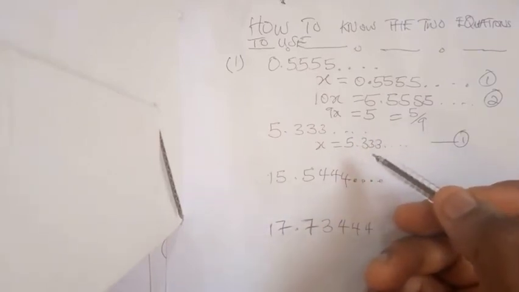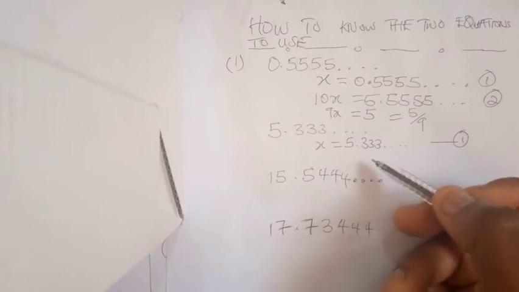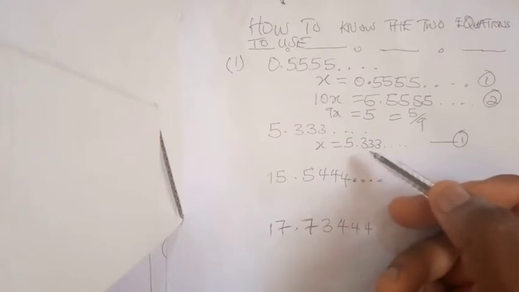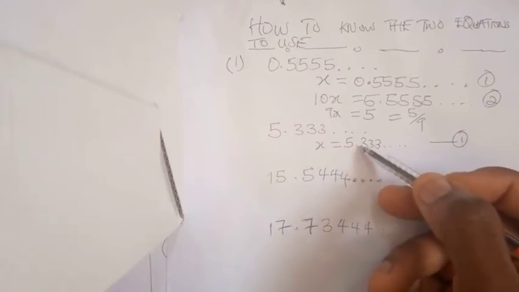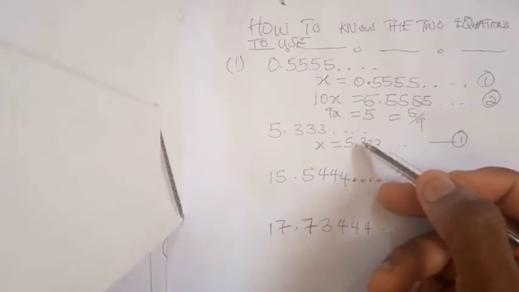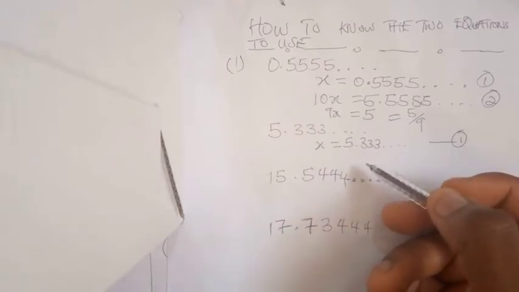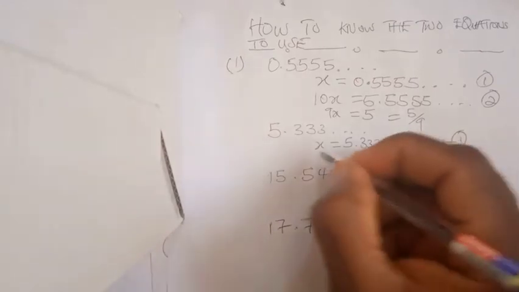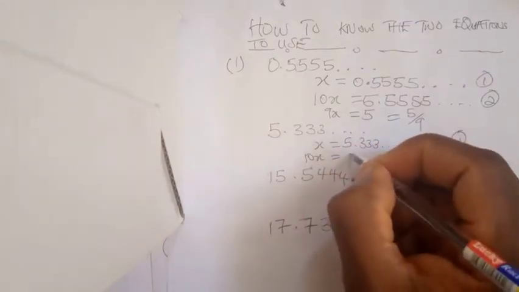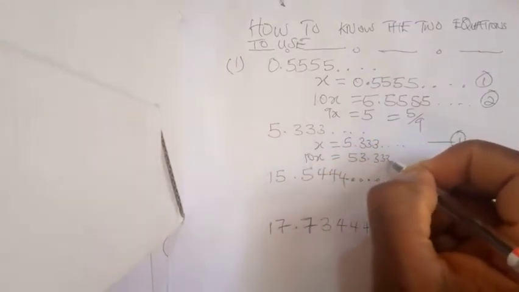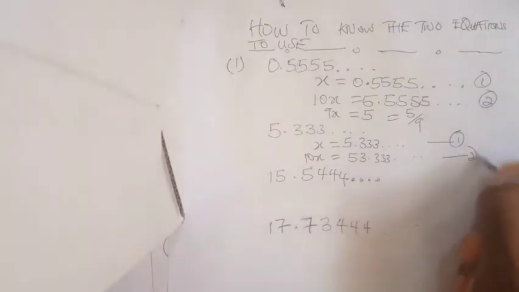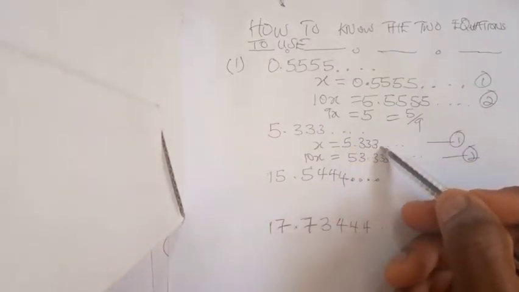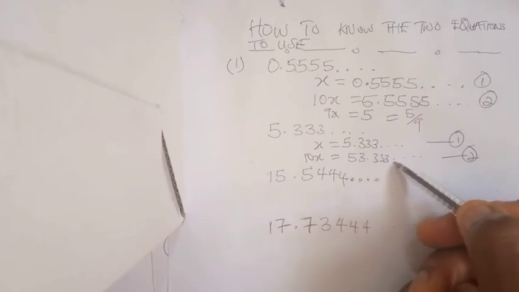So the question is, after the decimal point, will the numbers in the second equation be the same as after the decimal point on the right hand side of the first equation? If they are the same, then it's good to go. So you have 10x equals 53.3333. So check: after the decimal point for the first one, is it the same as after the decimal point for the second one?